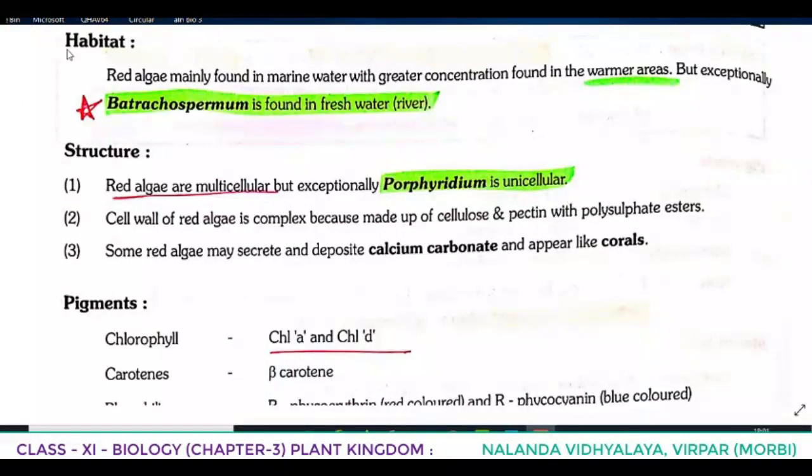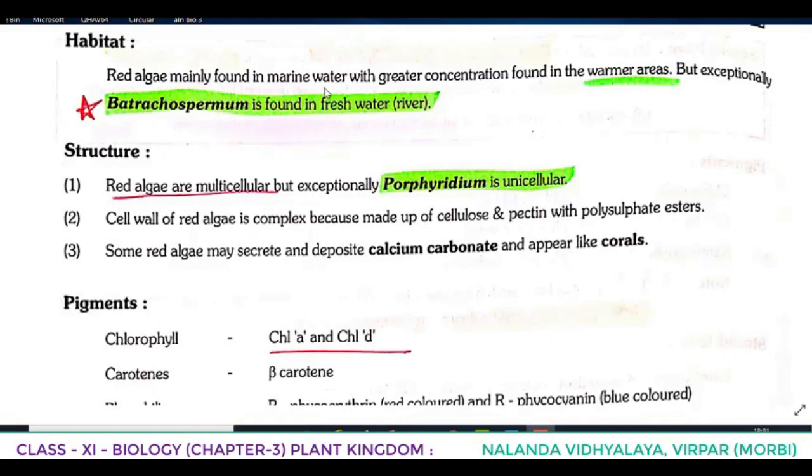Now, red algae are mainly found in marine water with a greater concentration found in the warmer areas, but exceptionally they are found in fresh water, that is in river. They are known as Batrachospermum. What is it known as? Batrachospermum. What are Batrachospermum?